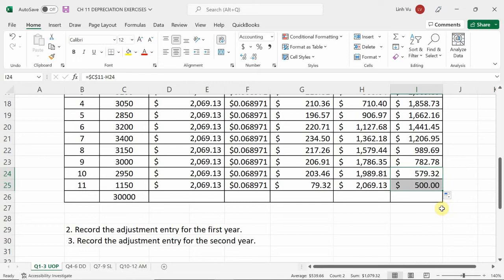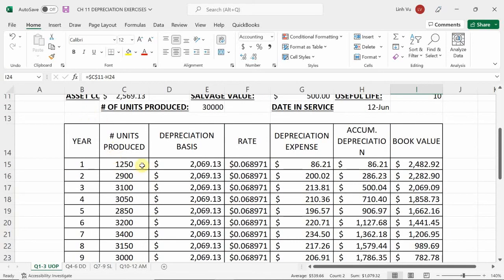But in this case, I still haven't met my salvage value yet. And I already know by calculating that extra year how much more I can keep going. I put my asset in service in June, so my asset's only 9.5 years old. It hasn't even reached 10 years yet.